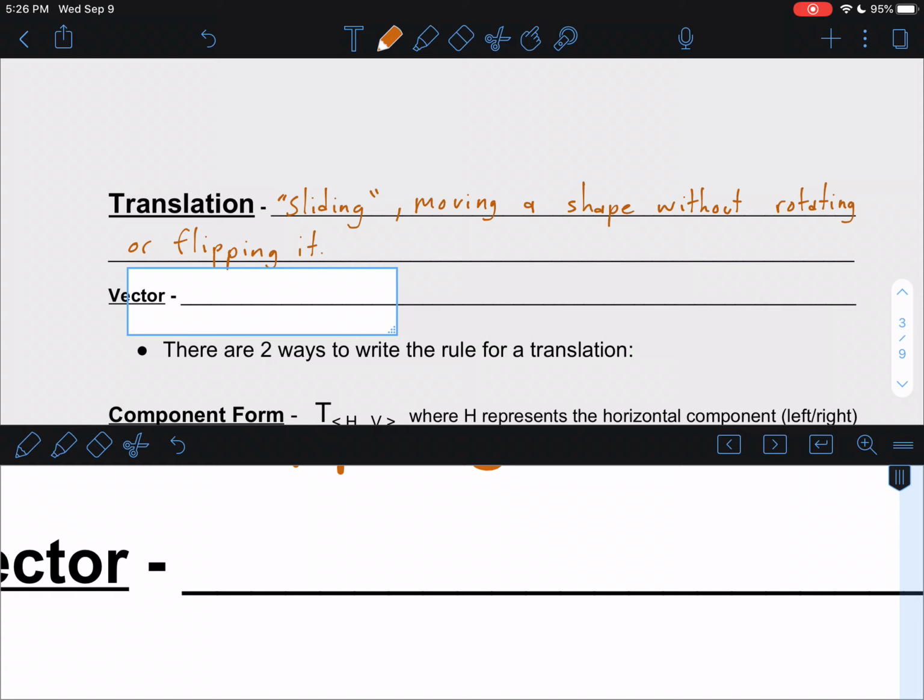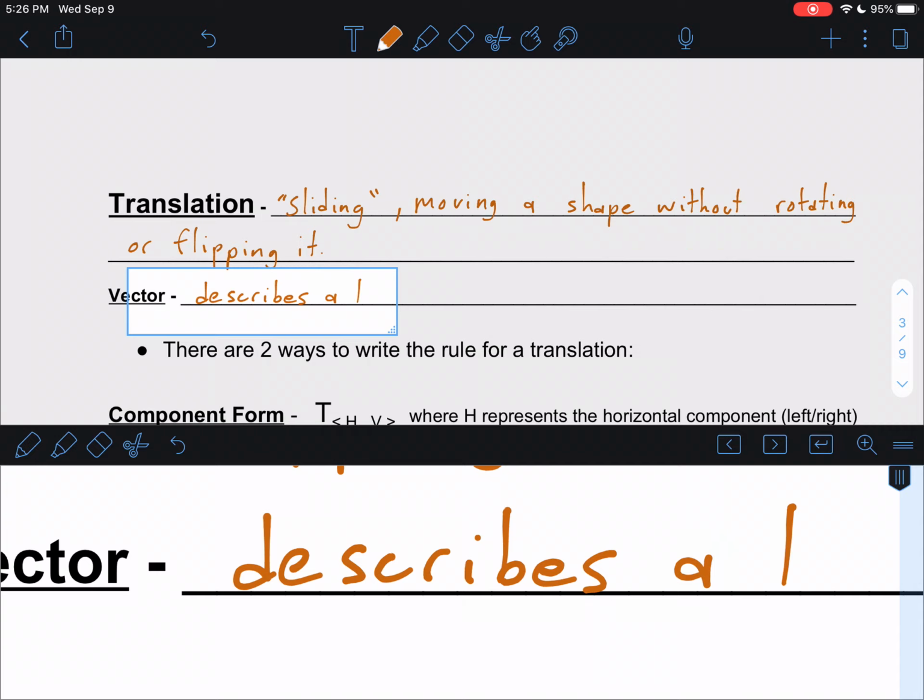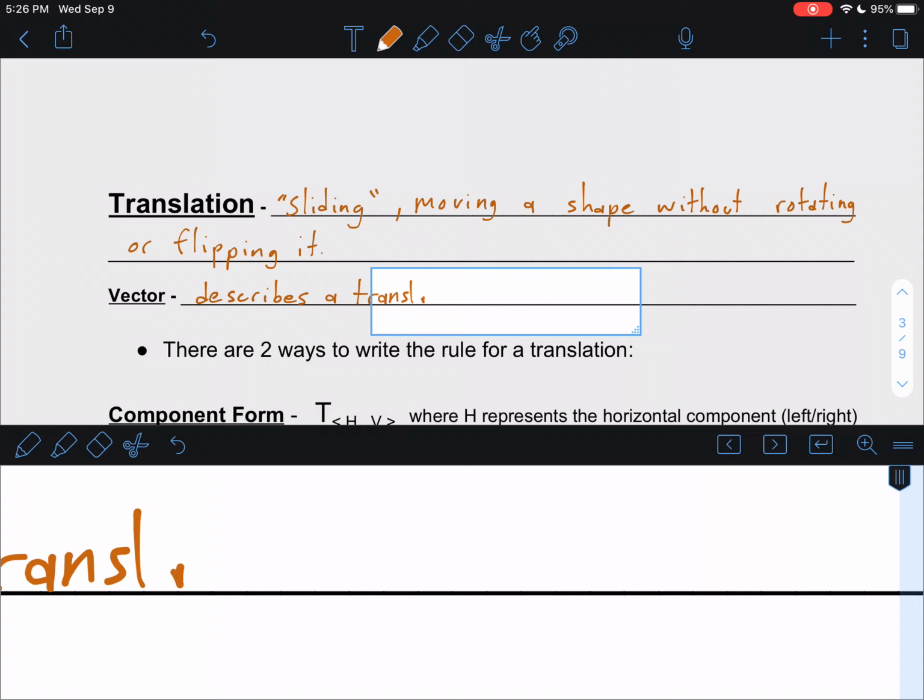Okay, so it basically just describes a transformation or a translation. So a vector describes the translation. A vector is going to tell me how much up and over to shift it, basically.